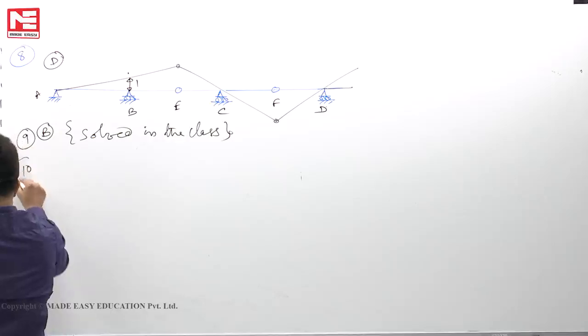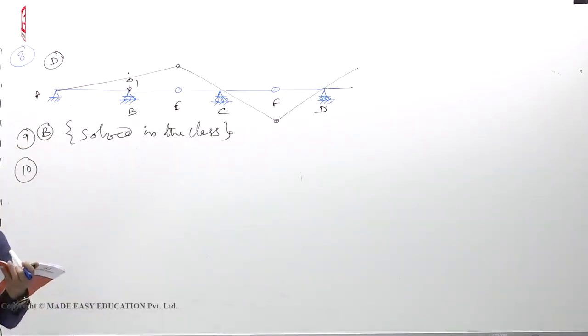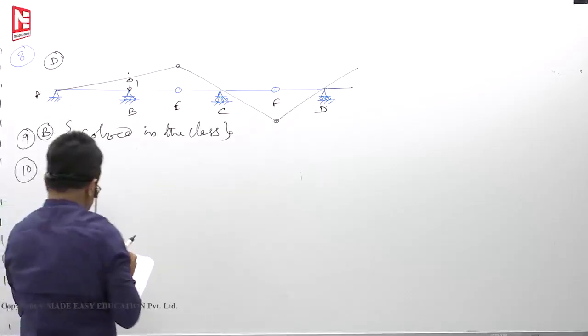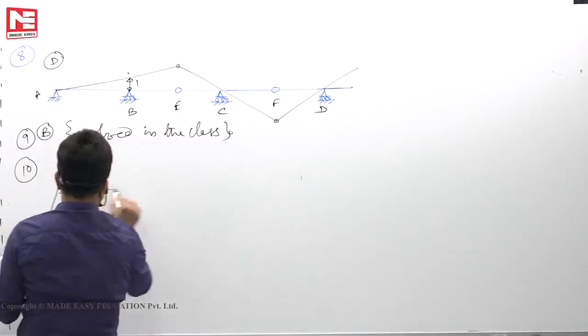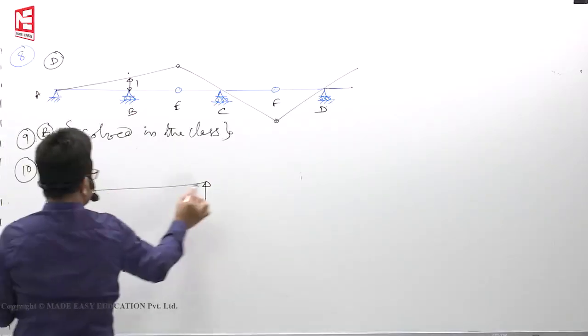Okay, 10th one. When a single point load W travels over a simply supported beam, what is the shape of the graph for maximum positive or maximum negative shear force? This is a simply supported beam.